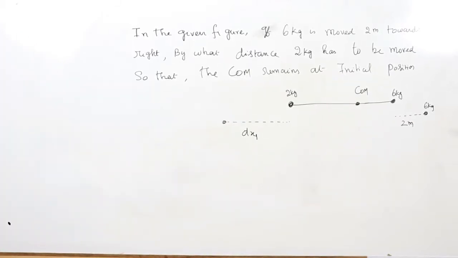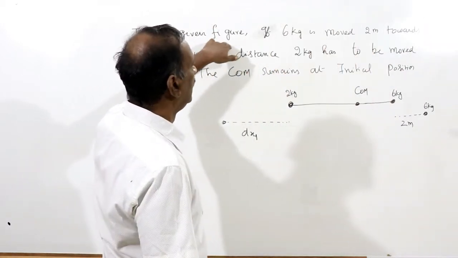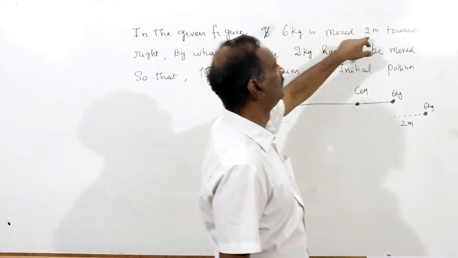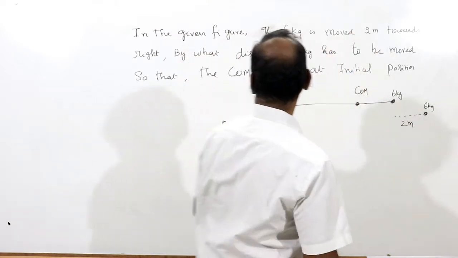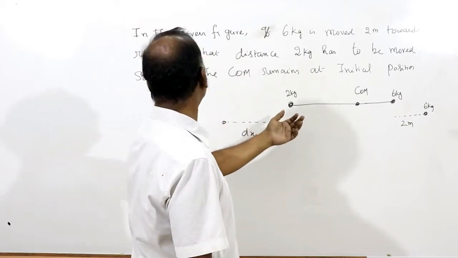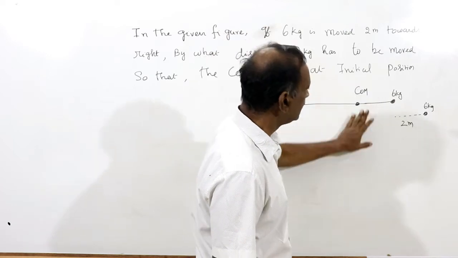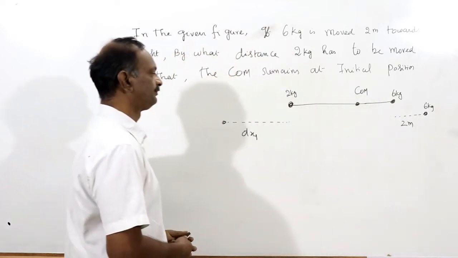In the given figure, if 6 kg is moved 2 meters towards the right, by what distance must 2 kg be moved so that the center of mass remains at its initial position?